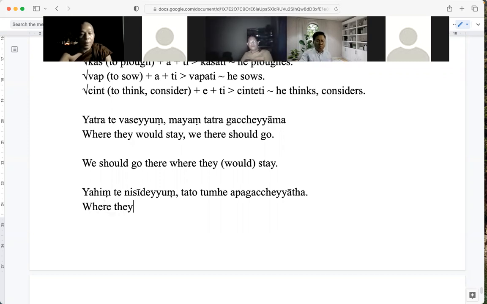They mean they, but nisideyo is here. Nisideyo, okay? That was in plural. So would sit. Okay? Tato, from there, okay? So tumhe means you plural. About apagaccheyyatha, so would go away.